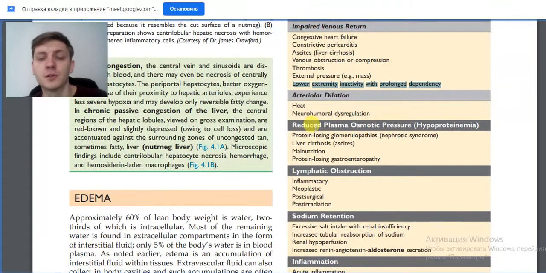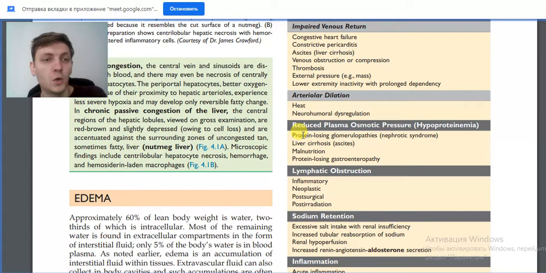Okay, and also reduced plasma osmotic pressure. It's known as hypoproteinemia. You remember that most plasma proteins are produced in the liver, and in cirrhosis of the liver there is decreased formation of proteins.